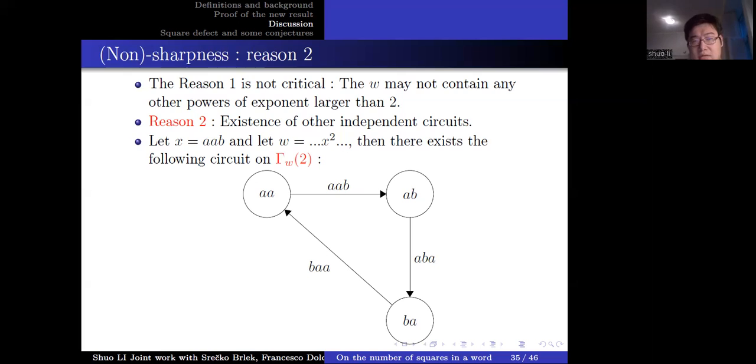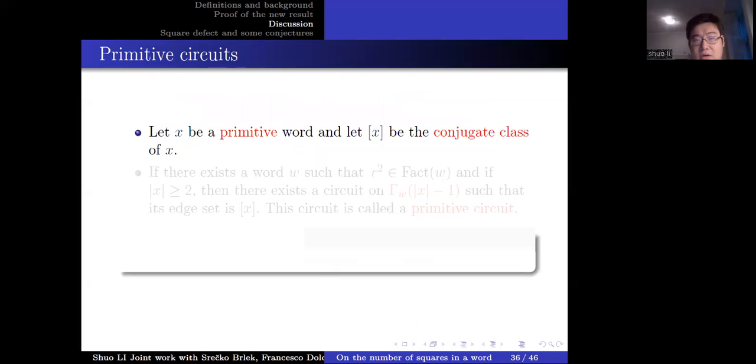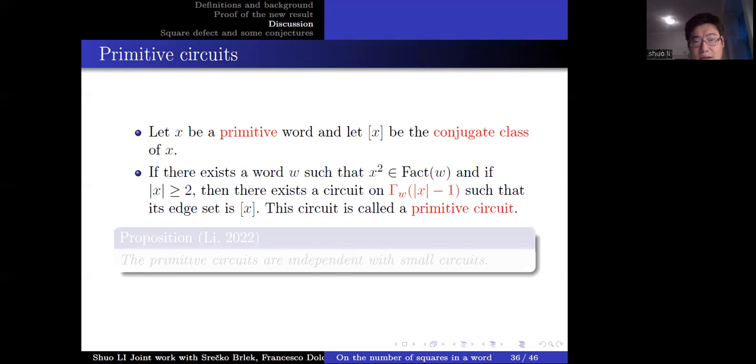I would like to call it a primitive circuit. Let me give you an exact definition of what I mean by primitive circuit. Let W be a primitive word, and let X be a primitive word.